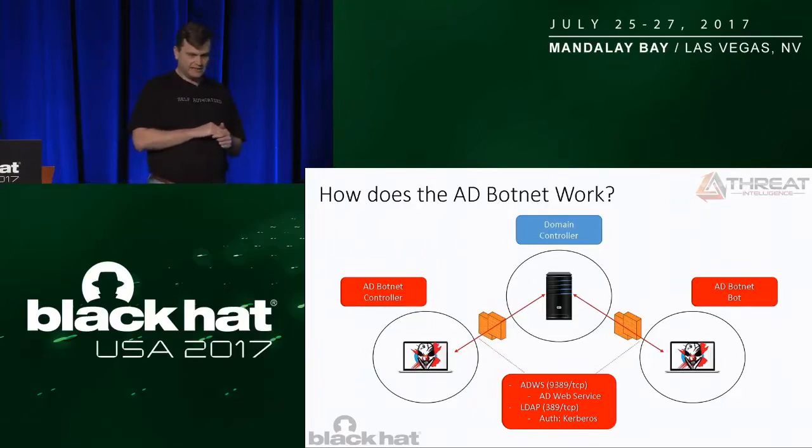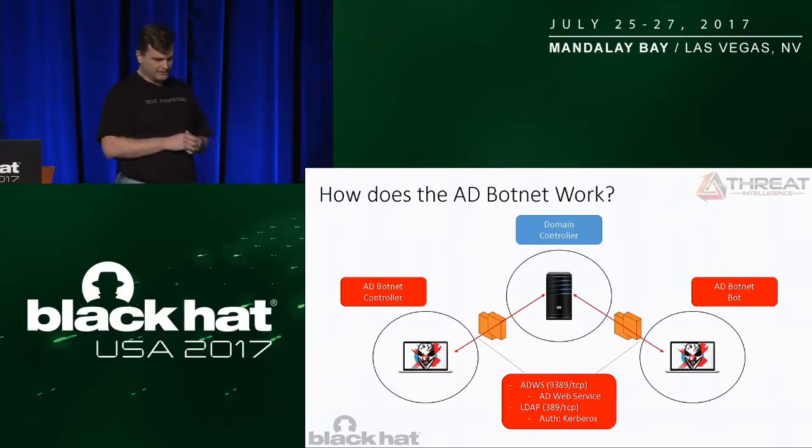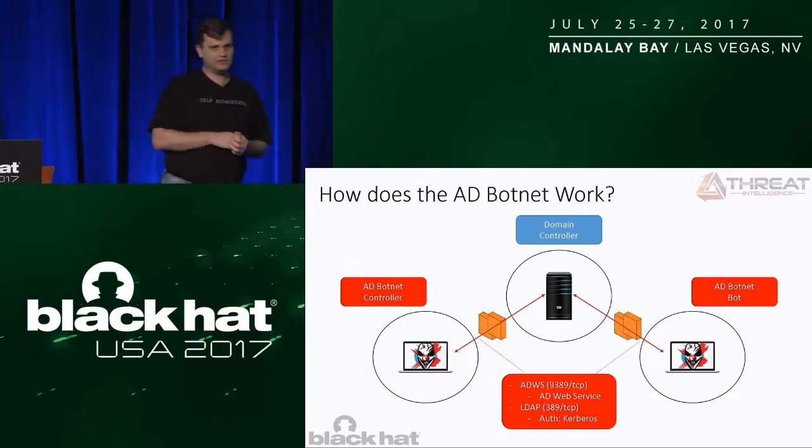Now, another interesting thing about it is the kind of traffic that you'll see when you actually run traffic over it. You've got obviously Kerberos for authentication, then all the updates to attributes go over the ADWS, the Active Directory Web Service, which is encrypted, SSL. So it's not something that's easily viewable if you've got an intrusion detection system or something like that on your internal network.